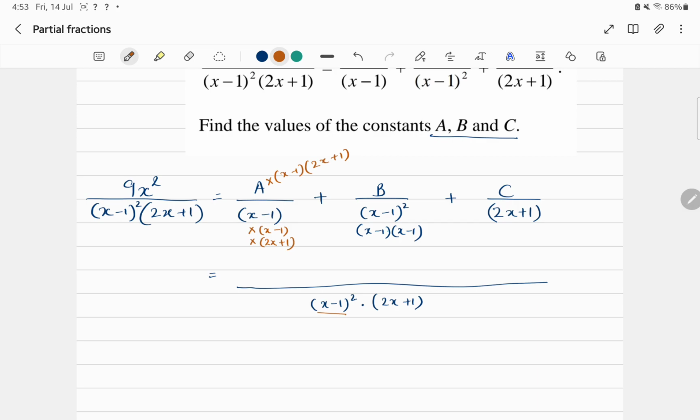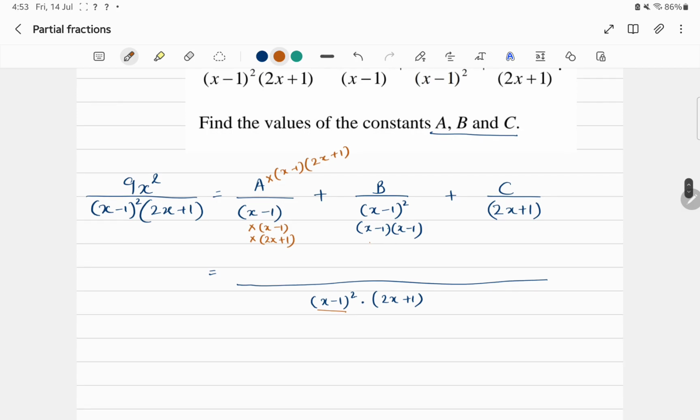In the b fraction, we have to multiply by (2x plus 1) only, because we already have (x minus 1) whole squared here. And in the last one, we need to multiply by (x minus 1) whole squared. Cool. I hope you understand.